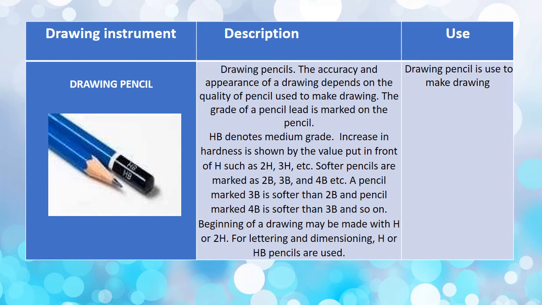Increase in hardness is shown by the value put in front of H, such as 2H, 3H, and so on. Softer pencils are marked as 2B, 3B, and 4B, and so on. A pencil marked 3B is softer than 2B, and a pencil marked 4B is softer than 3B, and so on.